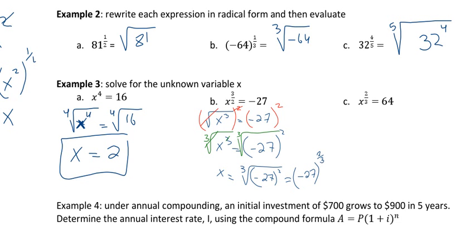Now what I want you to do is compare this to what we started with. What is it? So what's the difference or what's the similarity between what I'm ending up with and what I started with?